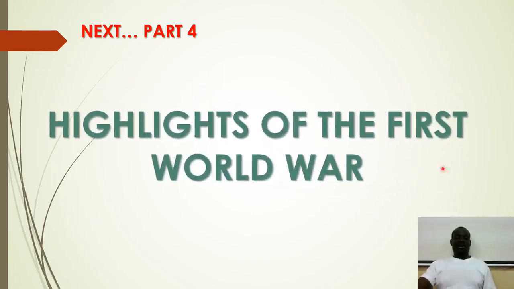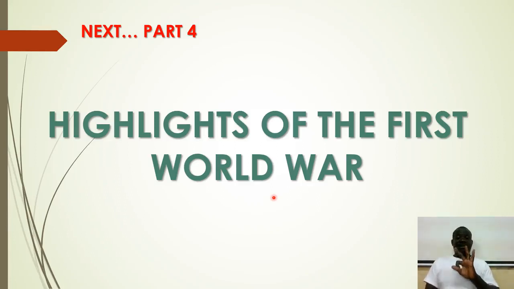In this part, we are going to see the highlights of the First World War. There were three major causes: we have looked at the political alliances, the arms race and militarism, and nationalism in the Balkans.